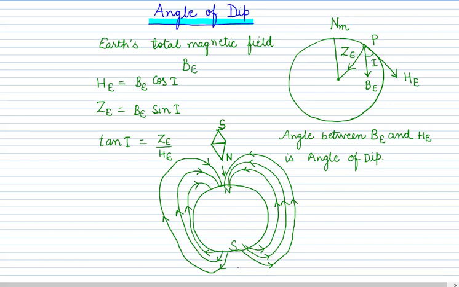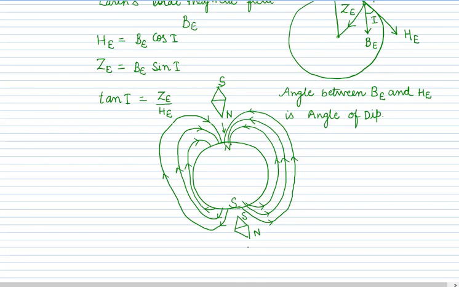Now come to the other pole. So if you place a compass needle over here, then our magnetic field lines are going in the upward direction. So this will be our North Pole and this will be our South Pole. So if you are an observer standing here, your South Pole will be downward. That means the South Pole will be in the downward direction and the North Pole will be in the upward direction.